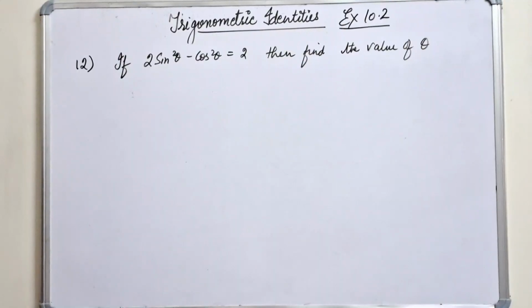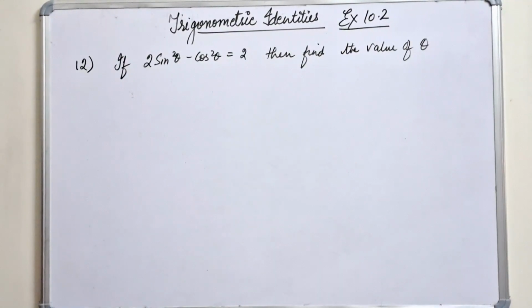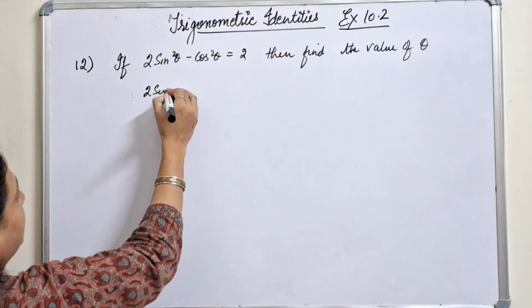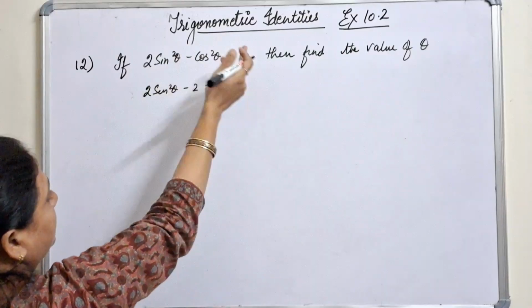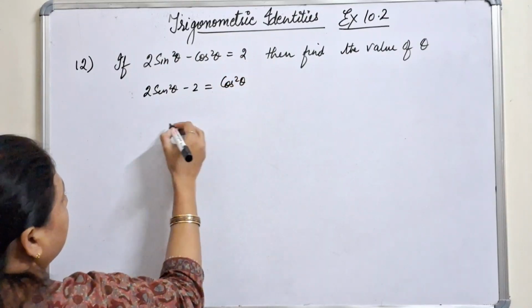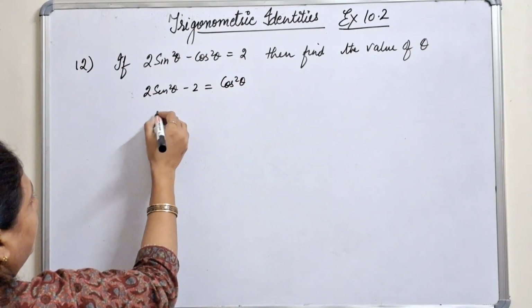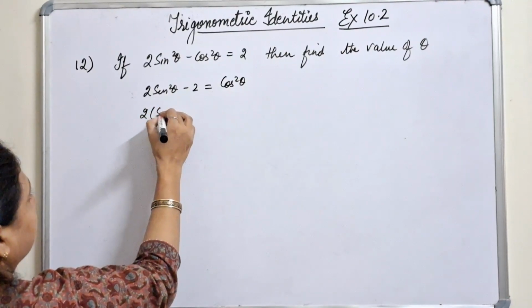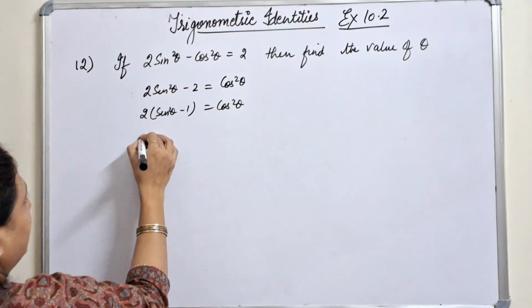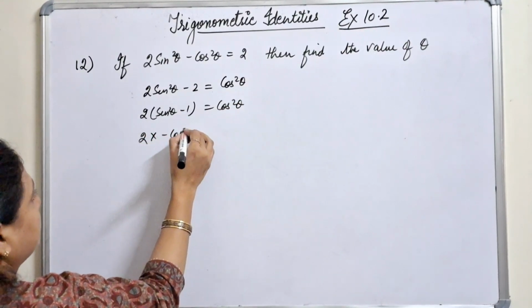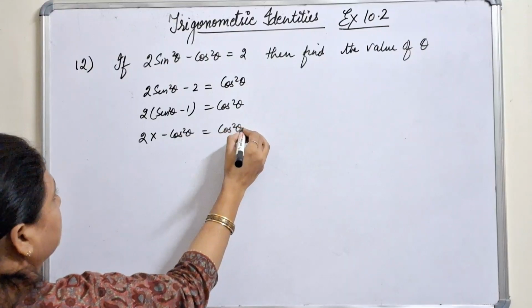See next question. If 2 sine square theta minus cos square theta is equal to 2, then find the value of theta. So how will you find the value? See, 2 sine square theta minus 2. I'm transposing this 2 over here and cos square theta to that side. So I can take 2 as common. So this is sine square theta minus 1, and this I can write as minus cos square theta.